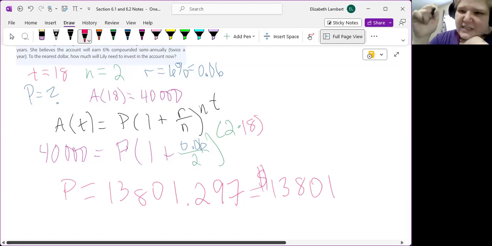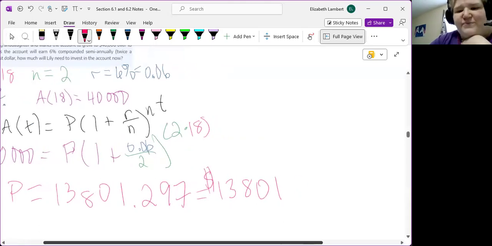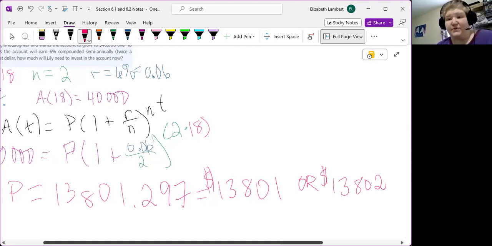It won't actually hit it. So some people would say, well, since there's a little bit more than that dollar, you should just round it up to the next dollar. So I would take either of those answers.